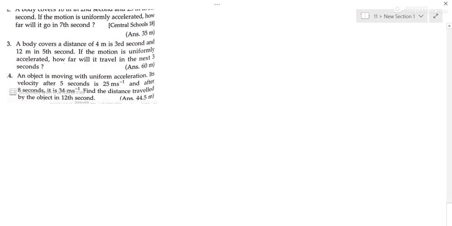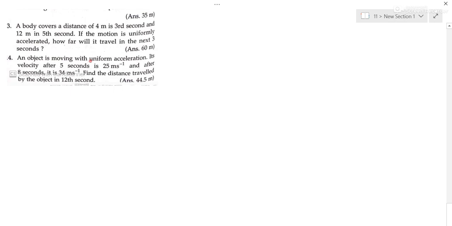So let us see this. An object is moving with uniform acceleration. Its velocity after 5 seconds is this. Let us say it starts with initial velocity u and acceleration a.